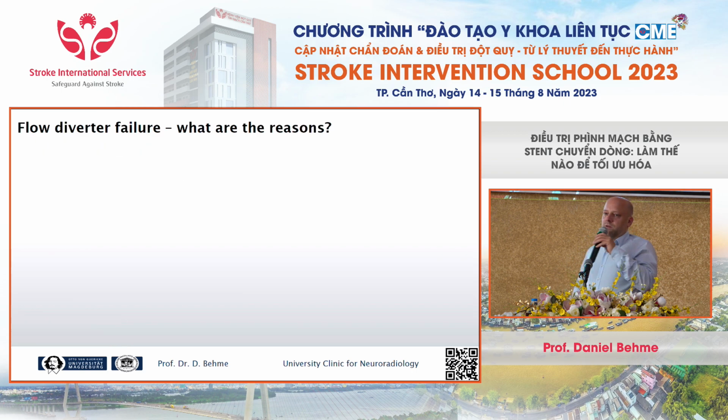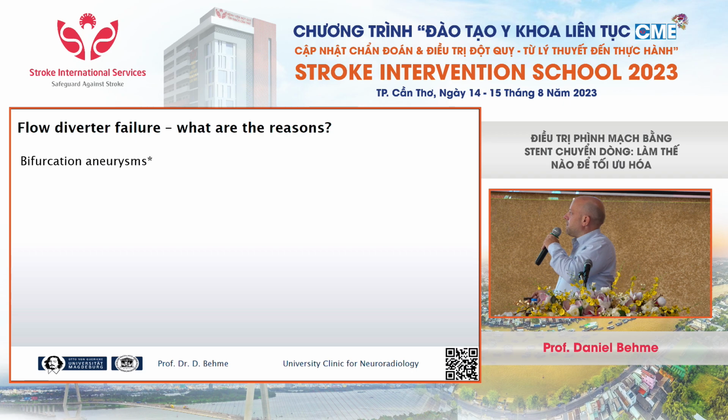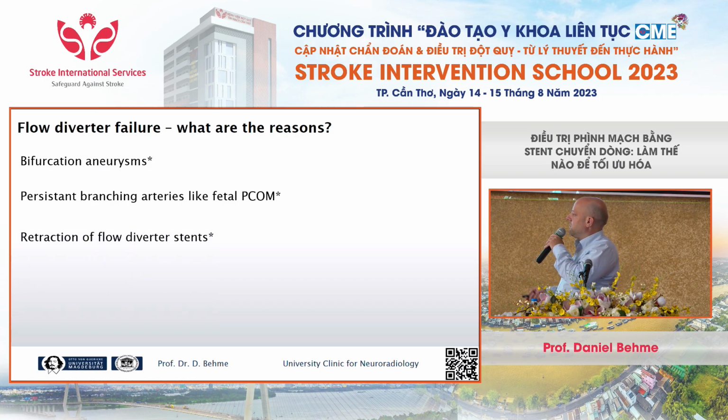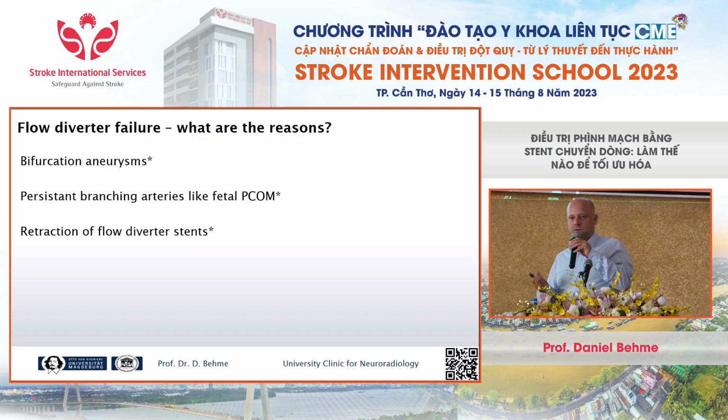So if flow diversion fails, why does it fail? One reason can be we treated bifurcation aneurysms and overstented major branching arteries. Persistent branching arteries like fetal PCOMs can be a reason why they fail. The retraction of the flow diverter itself, so the flow diverter has moved after implantation, can be a reason.